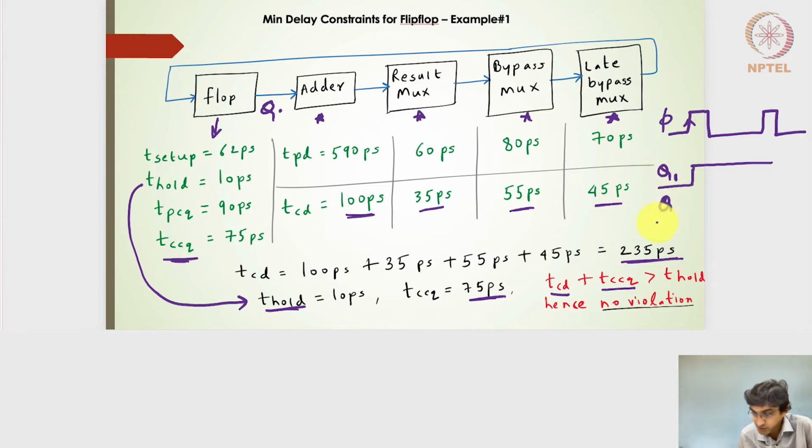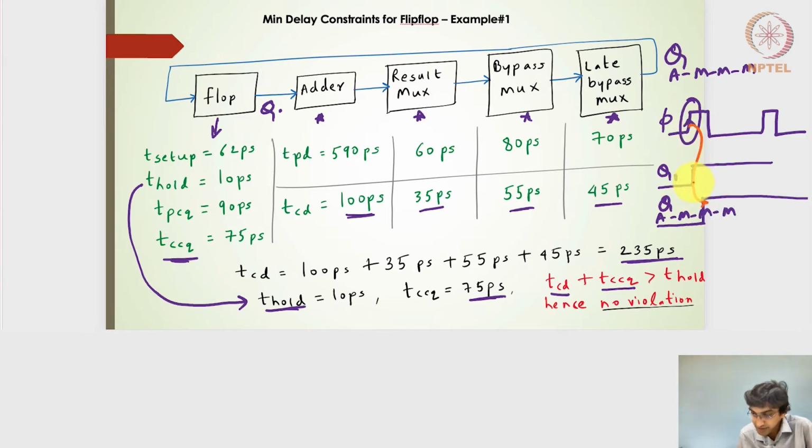So I will write it as Q of the adder, the result mux, the bypass mux, the late bypass mux. So 3 muxes are there. What we really don't want is, with the contamination delay of all these 4 combinatorial blocks, if the output reaches really close to the first clock edge, the output of this, which will be my combinatorial circuit, nothing but adder, muxes, and muxes, should not be captured in the first clock edge itself.